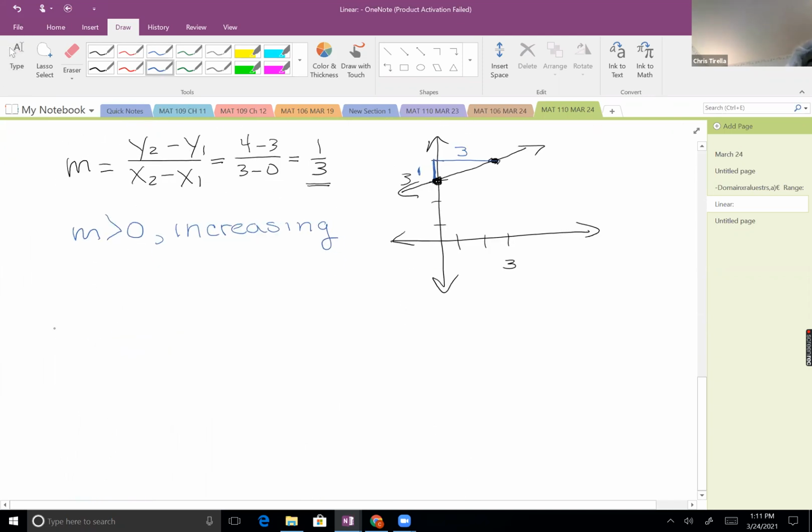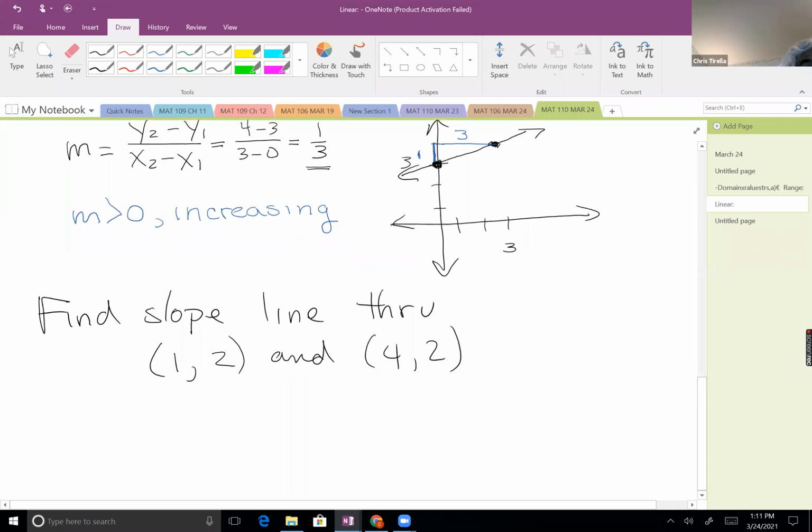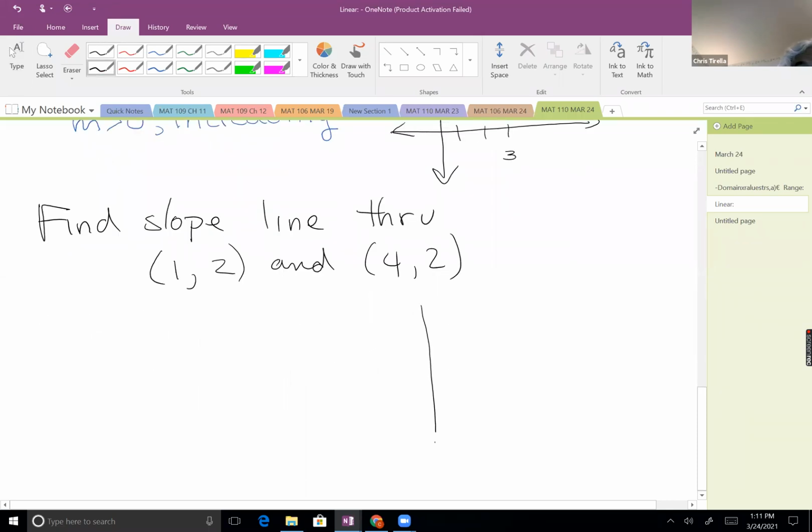Another one, let's find the slope of the line through 1, 2, and 4, 2. And again, I'm going to take the liberty of making a rough sketch.